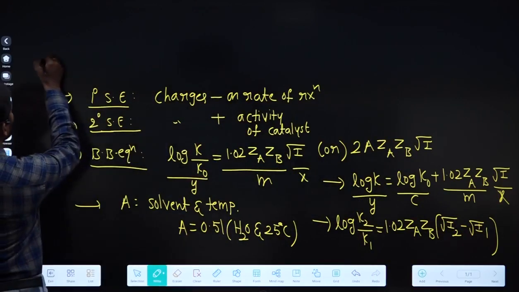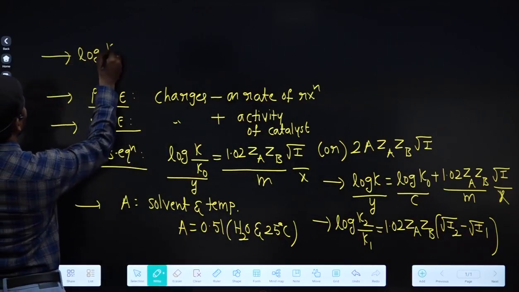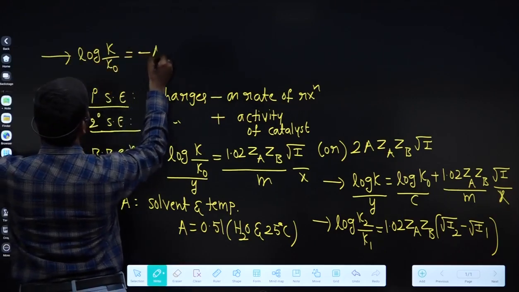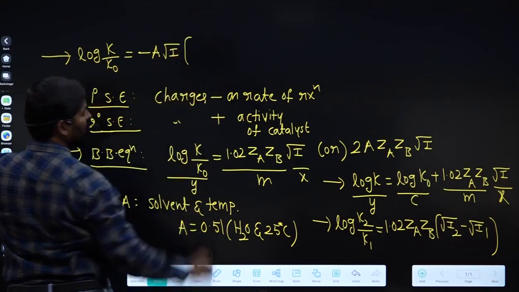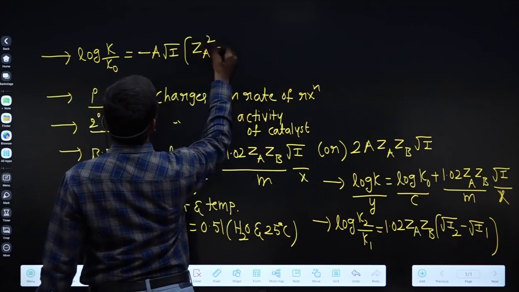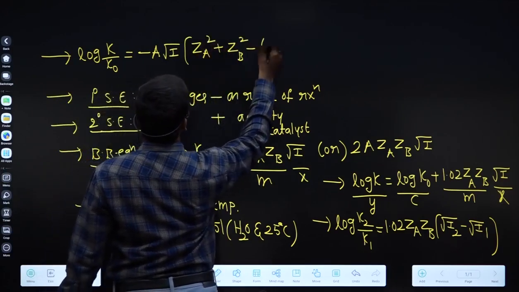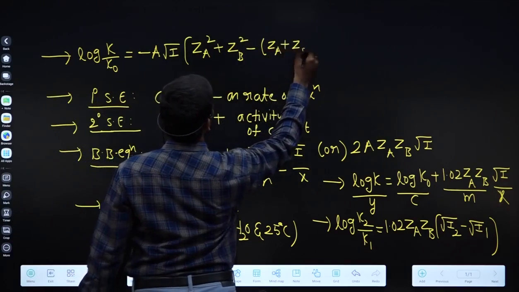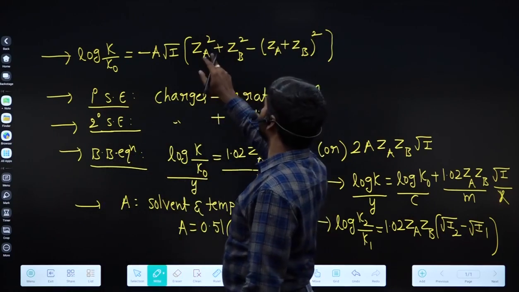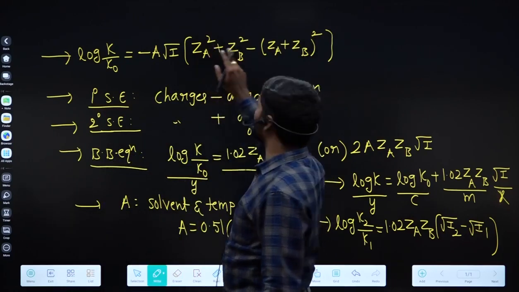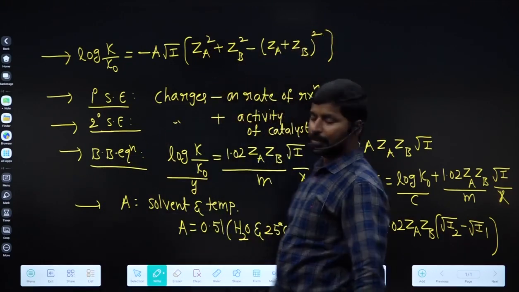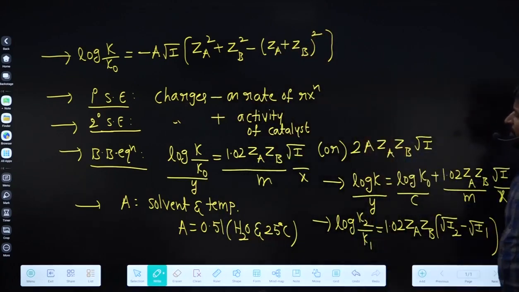One more equation you may remember: log K by K naught is equal to minus A root I, for the reaction involving two ions, times ZA square plus ZB square minus, during derivation we got this. For the reaction involving three ions, we get ZA square plus ZB square plus ZC square minus ZA plus ZB plus ZC whole square. These are the points you have to remember.